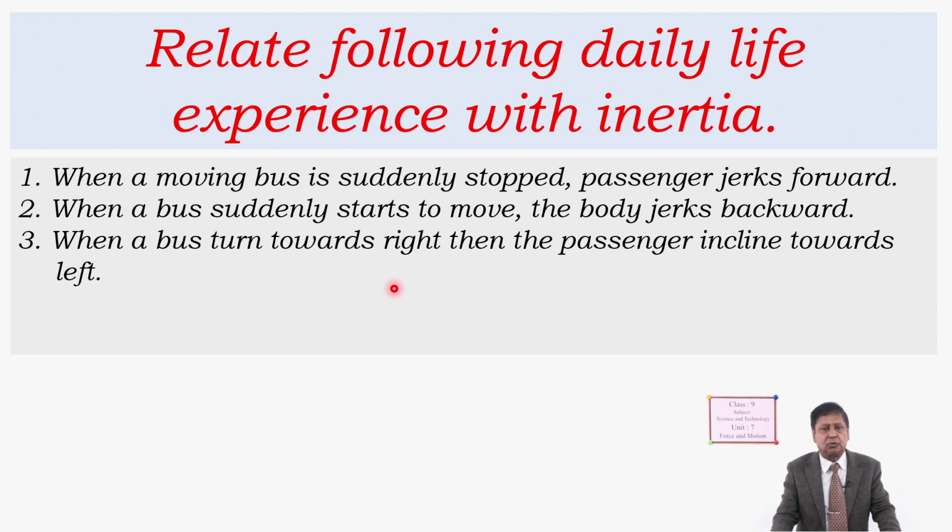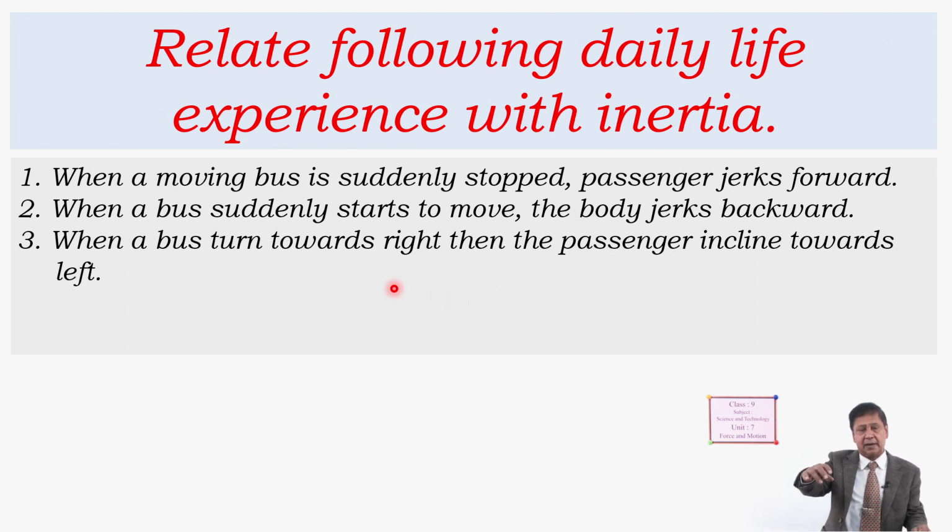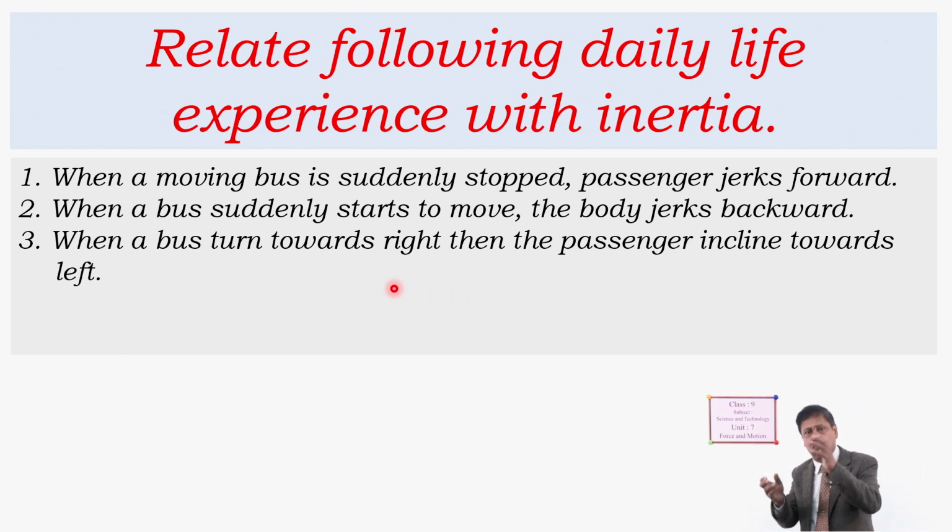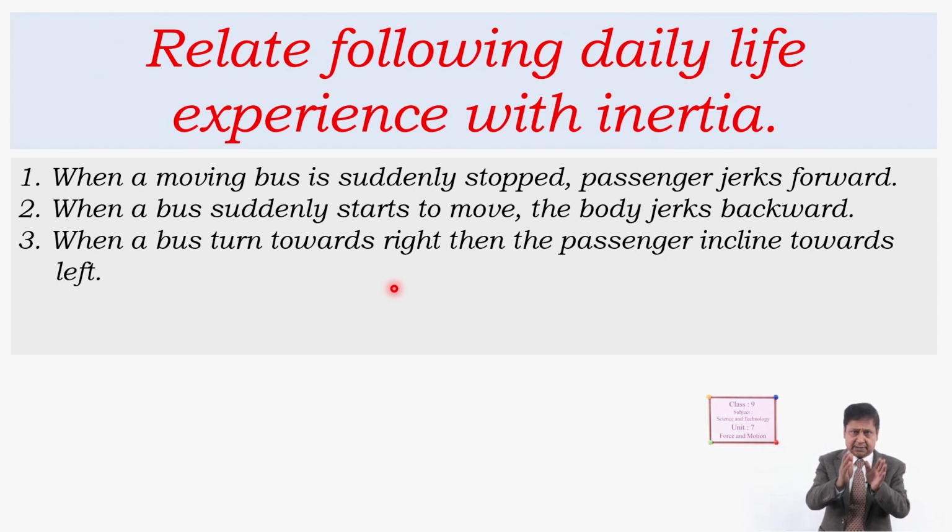When the driver turns the bus towards the right-hand side, what happens? The body of the passenger was moving straight in motion, and when the bus is turned towards the right-hand side, the body tends to continue its state of motion in a straight line with the same uniform motion in the previous direction.